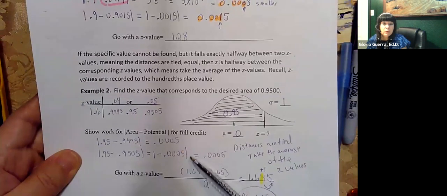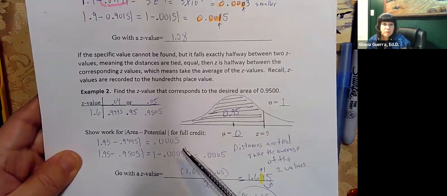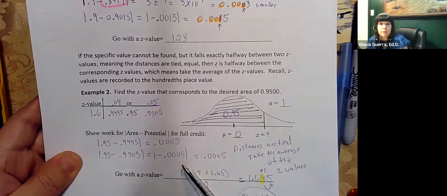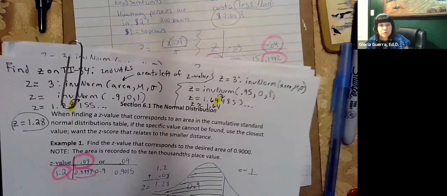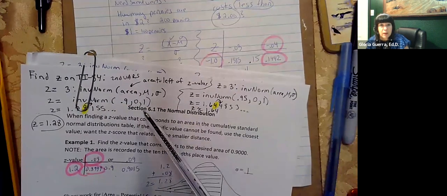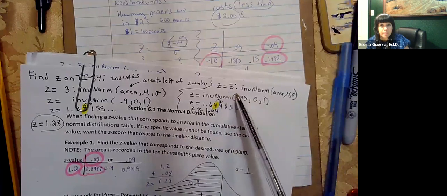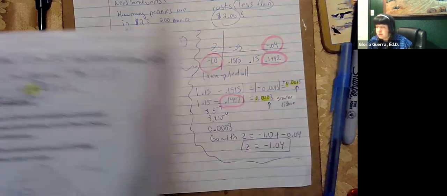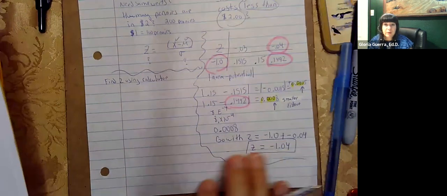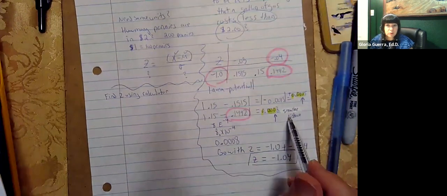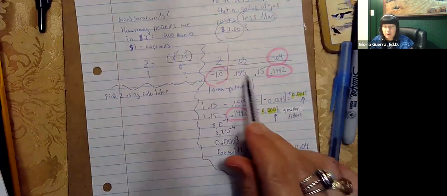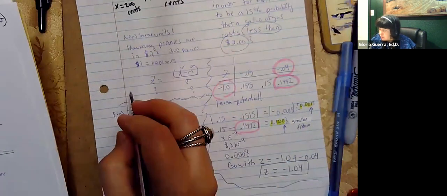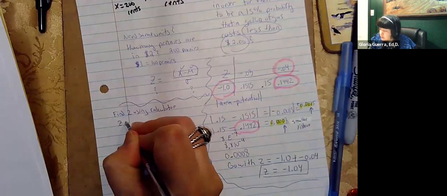If they're equal, you have to find the average of the two Z's. At the end, we also did the calculator, and we did the inverse norm. So that's what I'm going to do now. We did the table first, and they didn't come out the same distances. One was smaller than the other. So we backtrack.